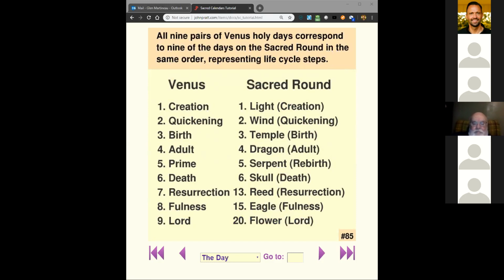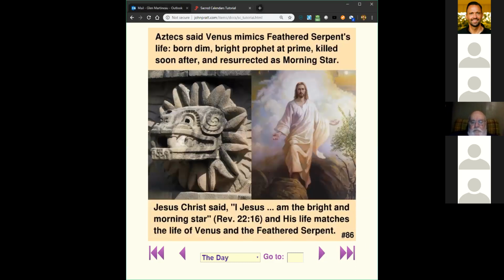Fullness in the Venus cycle corresponds to the day eagle, and that has to do with fullness and fullness of priesthood. I don't understand all of that in detail. And then Lord is flower, which also, the word for that in Mayan is Lord. So that's that correspondence.